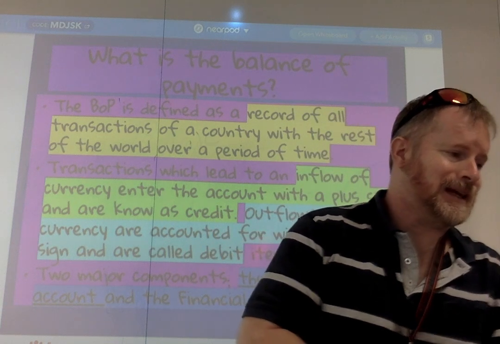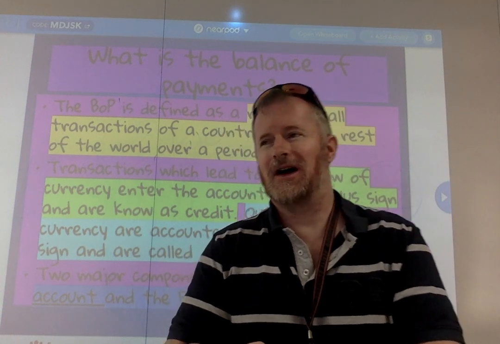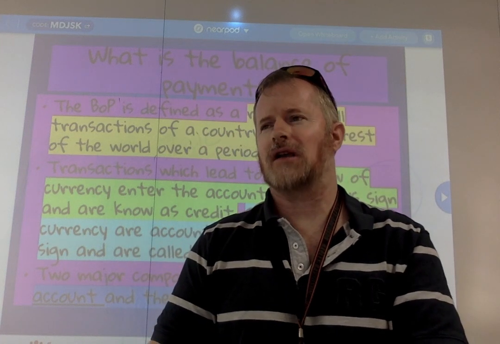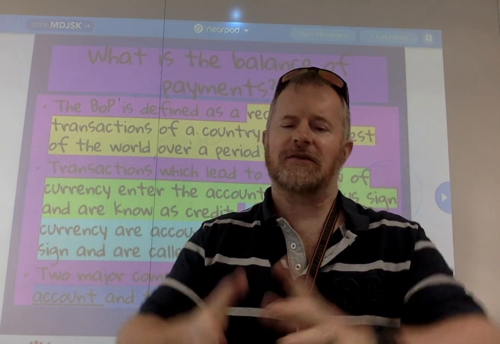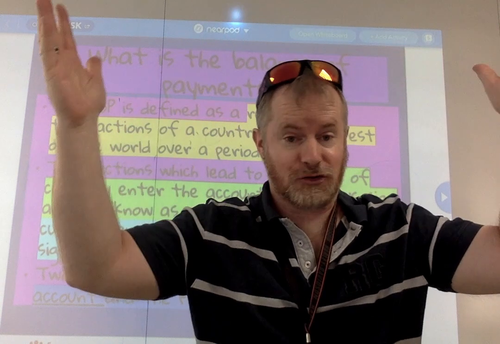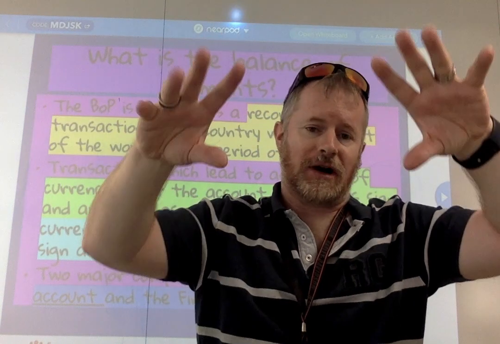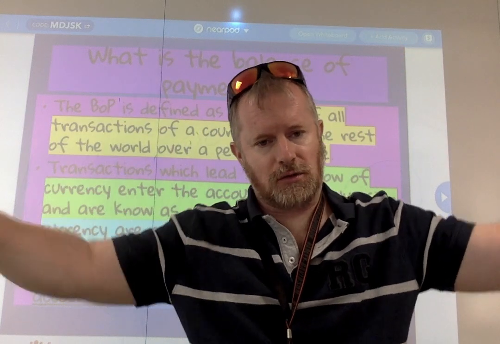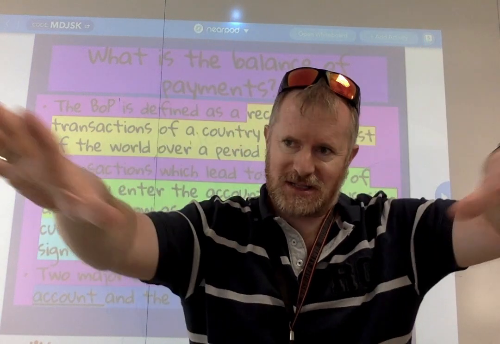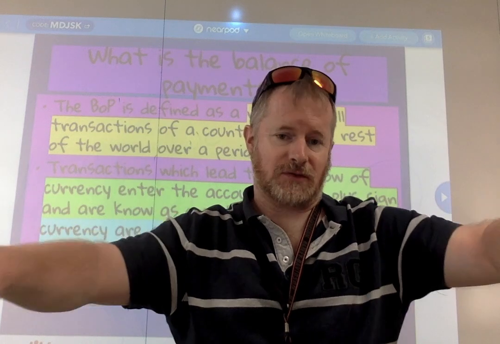Right, now, in the balance of payments, one of the ways I like to think of the balance of payments is to think of it kind of like, if you imagine that there's a tree, right? You can all imagine a tree. And then the tree's in the ground, and under the ground there's like a whole lot of roots in the ground, okay? And they all kind of extend out from the base of the tree.